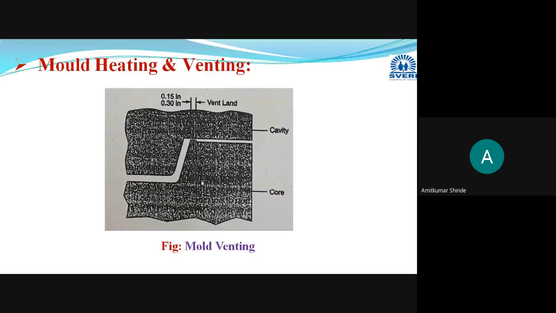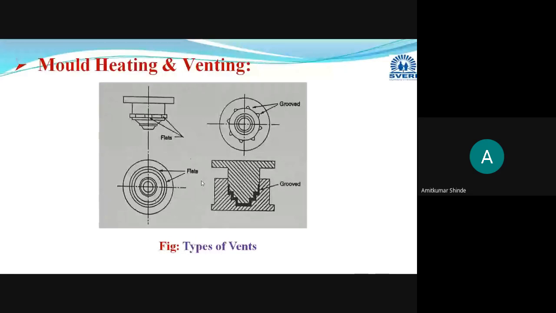These mold vents are nothing but small openings that you have to provide. You can provide different types of vents, either grooved type or flat type. Two types are there: flat vents or grooved vents.